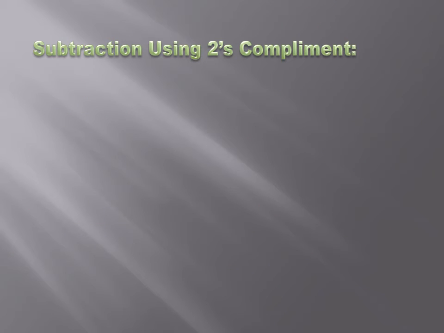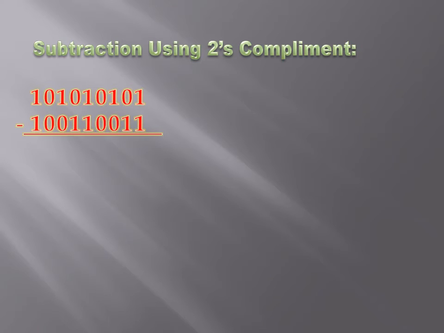Now the subtraction using 2's complement. So first we have to understand what actually is the 2's complement. If we have 2 numbers and we have to subtract them, we use the method earlier. This is the simple subtraction.